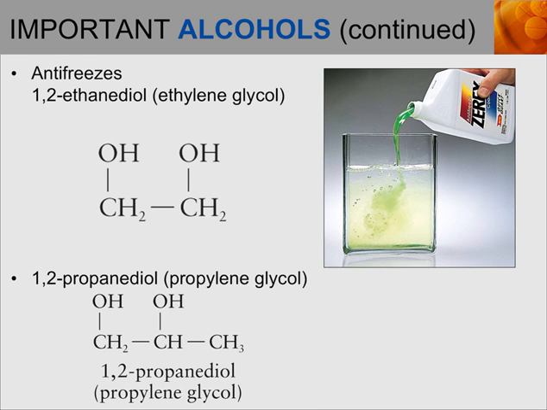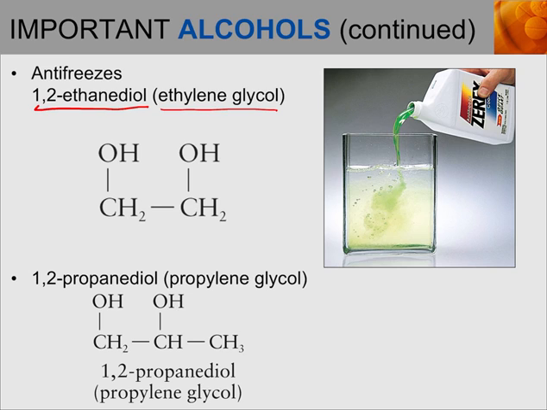Okay, so next we have 1,2-ethane diol, also called ethylene glycol, and this is more commonly known as antifreeze. So this is something that you might add to your gas tank in the winter if you live in really cold climates, and that's to prevent your engine from freezing.